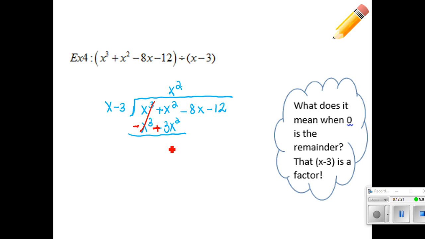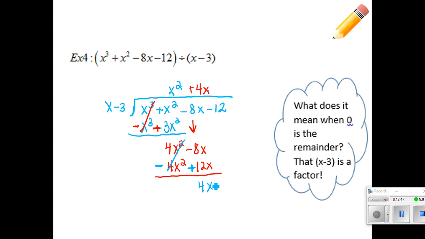Cancel. This becomes 4x squared. Bring down your next term. What times x will give you 4x squared? Well, that would be 4x. 4x times x is 4x squared. 4x times -3 is -12x. Draw your line. Change your sign. Cancels.